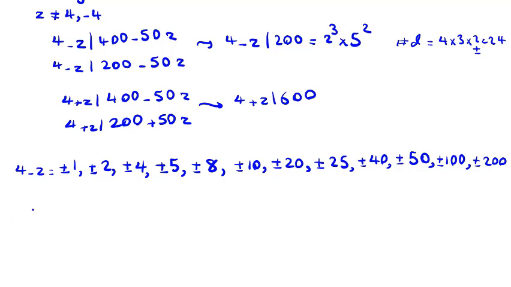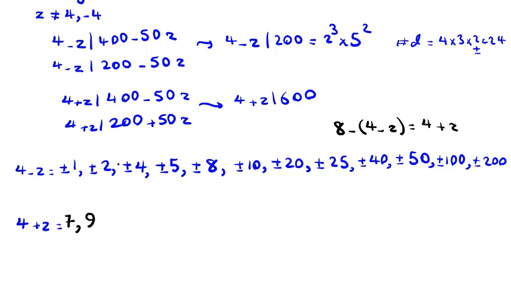Now, we want to see what 4 plus z is, and check that 4 plus z must be a divisor of 600, and we can reject many of them. If I want to reach from 4 minus z to 4 plus z, I know that because the sum of them is 8, 8 minus (4 minus z) is 4 plus z. So if I say 8 minus 1, it will be 7. 8 minus minus 1 will be 9.